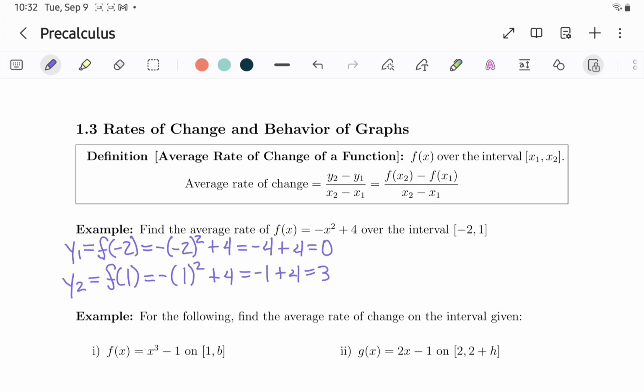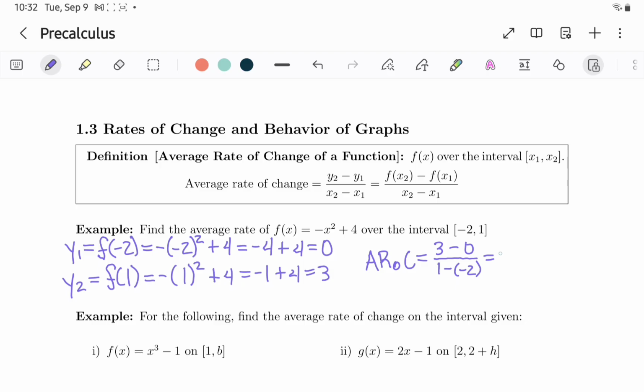All right, so according to the average rate of change formula, and I'm just going to abbreviate average rate of change AROC, AROC is equal to, well, according to the formula, 3 minus 0 over 1 minus a negative 2.